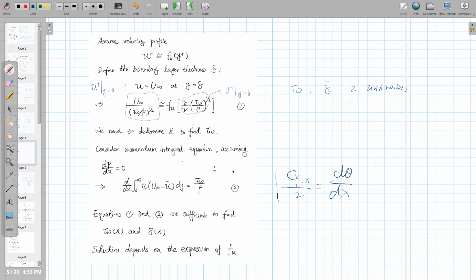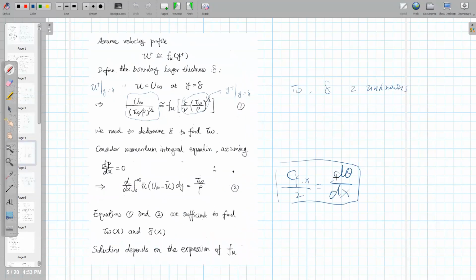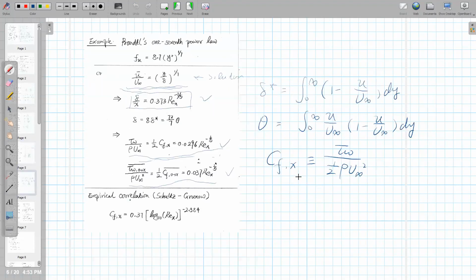You can find this equation in our chapter 2. So basically, after we know that this delta equals 72 over 7 theta, you can calculate theta, and you bring this theta to this equation, okay? You will get the CFX. It's very straightforward.